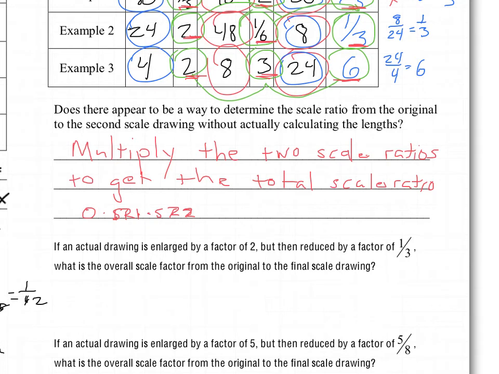And so if we use our order of operations and throw in some parentheses using the associative property, we recognize that all we end up doing is multiplying scale ratio 1 and scale ratio 2, and then we can multiply that by the original. So that's just another way to think about why this happens.